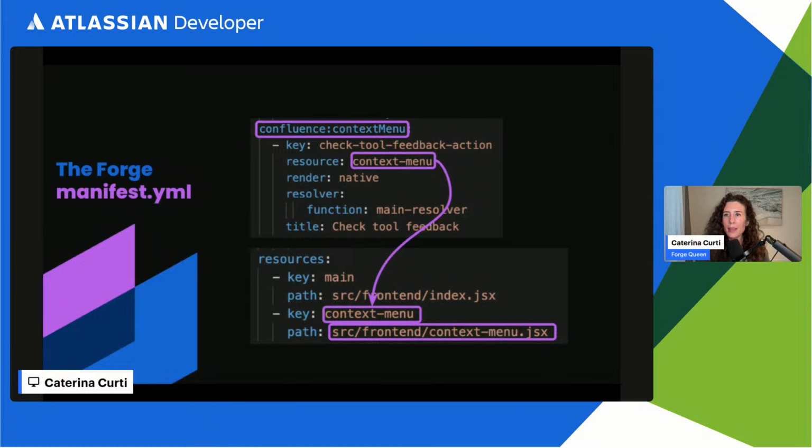So the manifest has a module that is called the Confluence context menu, which is then defined in a new file. The new file is the context-menu.jsx.